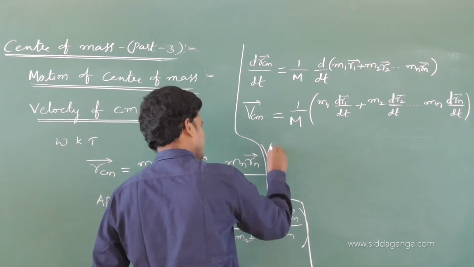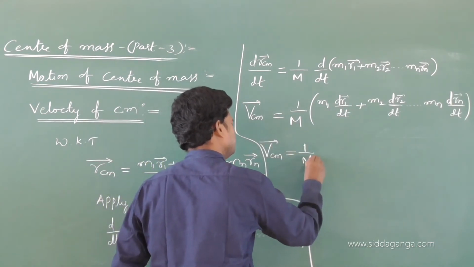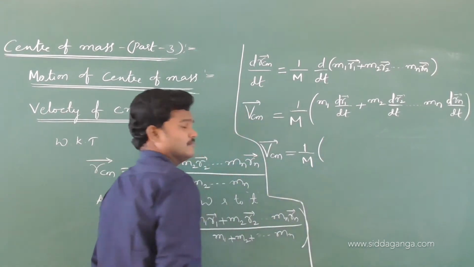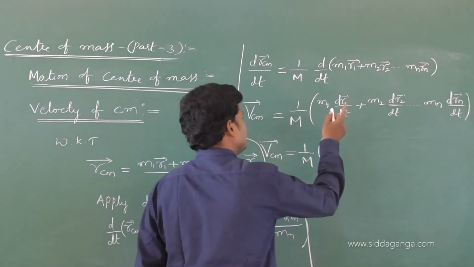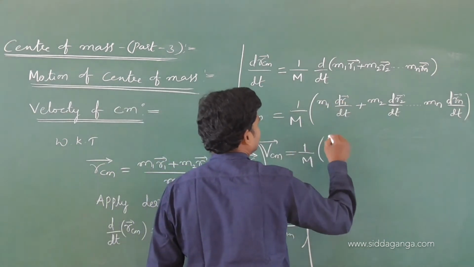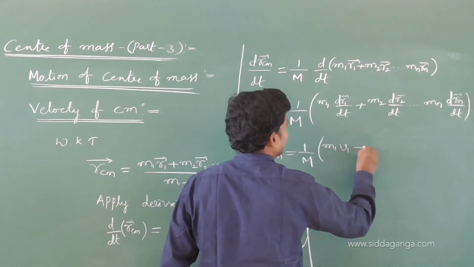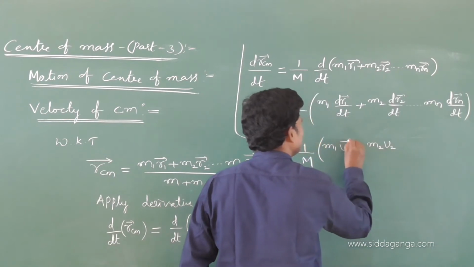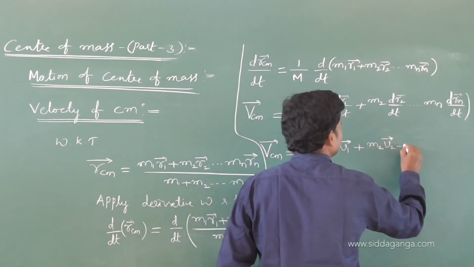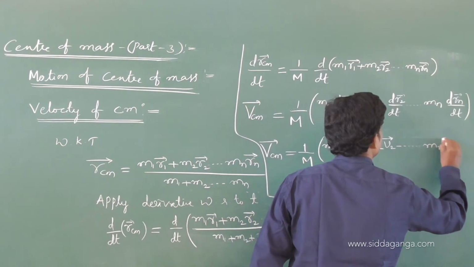Now this can be replaced as VCm bar equals 1 by M times m1 dr1 by dt, nothing but the velocity of the first particle. So m1 v1 bar plus m2 v2 bar, because velocity is a vector, so on mn vn bar.